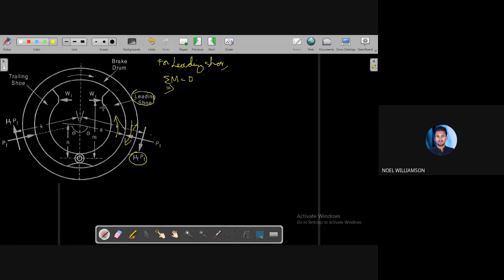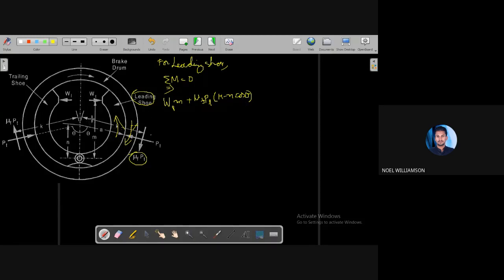So considering the moments of these three forces, we may write WL into M, whose moment is in the clockwise direction, plus mu f into PL into the perpendicular distance k minus n cos theta, which you will get from the geometric construction.